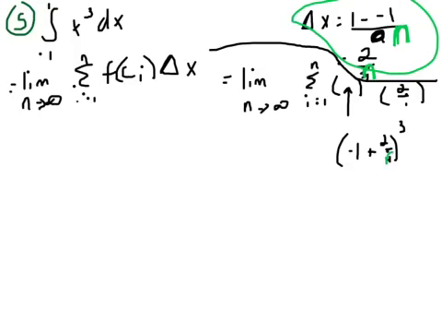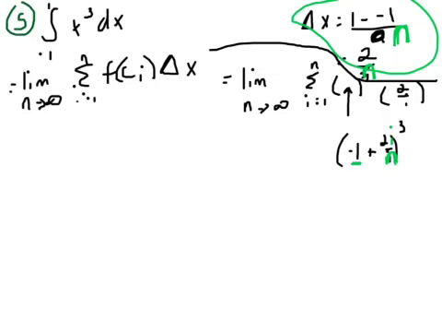So it's negative 1 plus 2 over n, but remember, i is just counting off from 1 to infinity, all these little rectangles that I'm making skinnier and skinnier. So there should be an i here, and that way I can say, well, I've gone 0 i's, I've gone 1 i, I've gone 2 i's, 3, 4, 5, all the way up to an infinite amount of i's. But I have to put my starting value here.